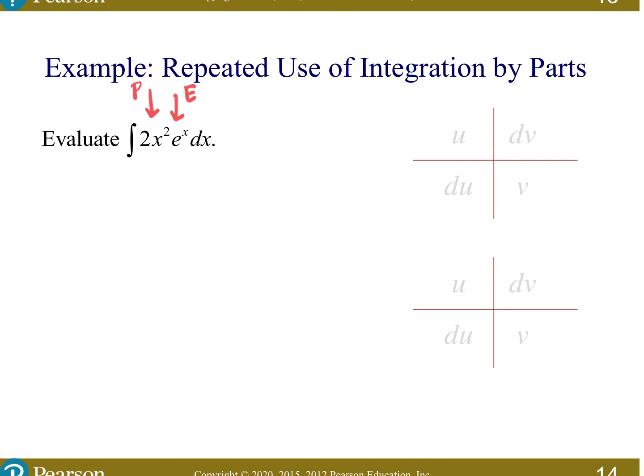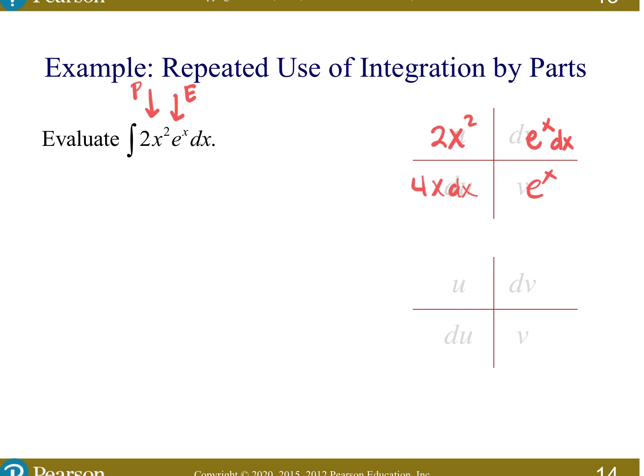So we pick our u to be 2x squared. Now, some of you do your derivative right away, and you do 4x dx right away, and then you think about the remaining part, which was e to the x dx, and its antiderivative is e to the x. Some of you do it in a different order. It's fine. It doesn't really matter.